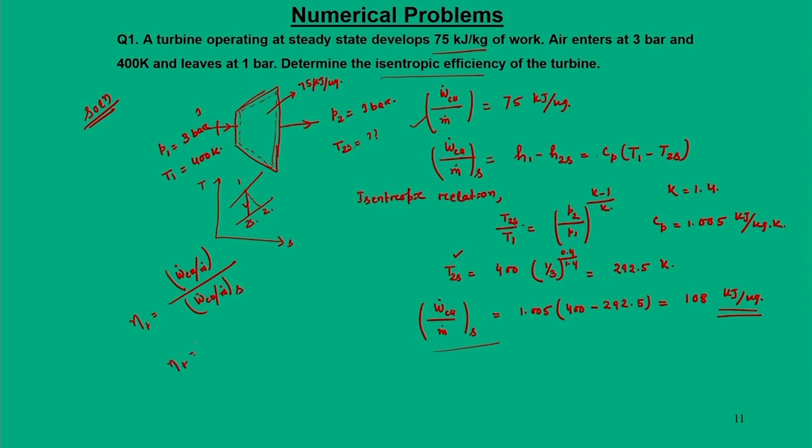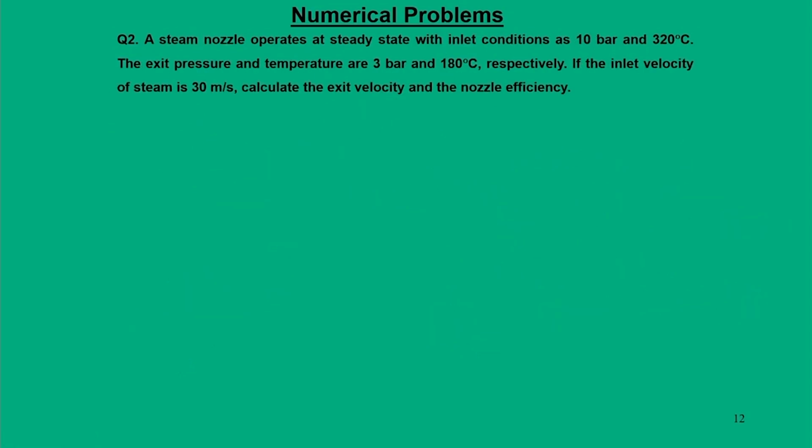So, turbine efficiency becomes 75 by 108, which is about 70%. This is how you can find the isentropic efficiency for the turbine.